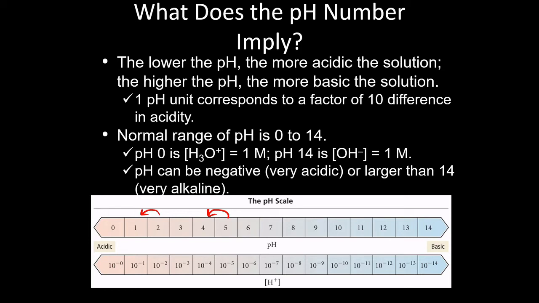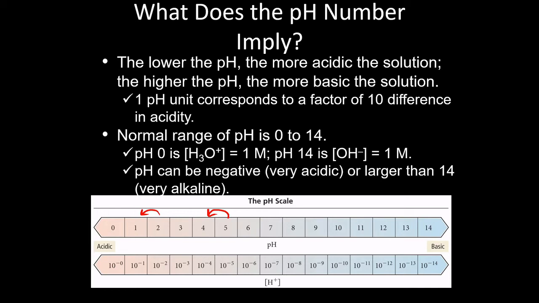Normally, when we're looking at the pH range, we only show it going from 0 to 14. But in reality, it can go beyond that. In terms of stuff that occurs naturally, though, it's going to stick between those two. I don't know of any naturally occurring situations where you would have a solution that is lower in pH than 0 or higher in pH than 14.